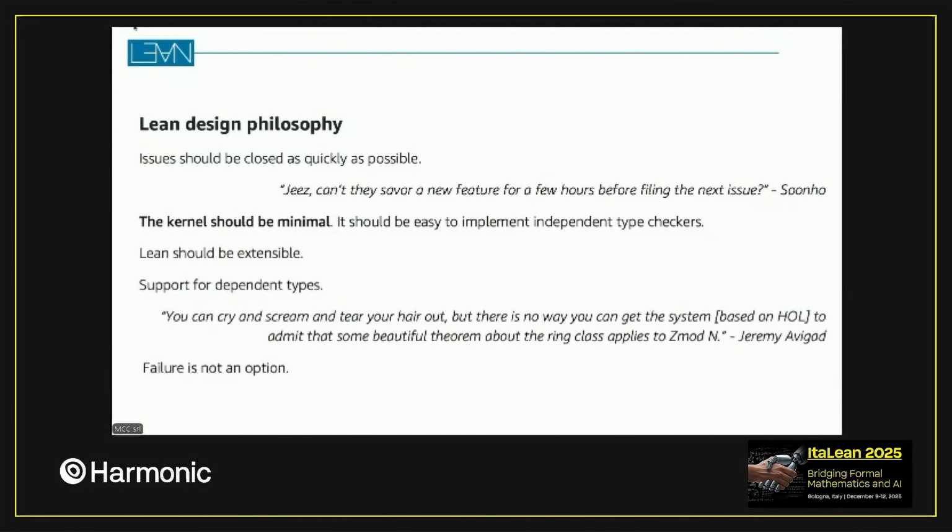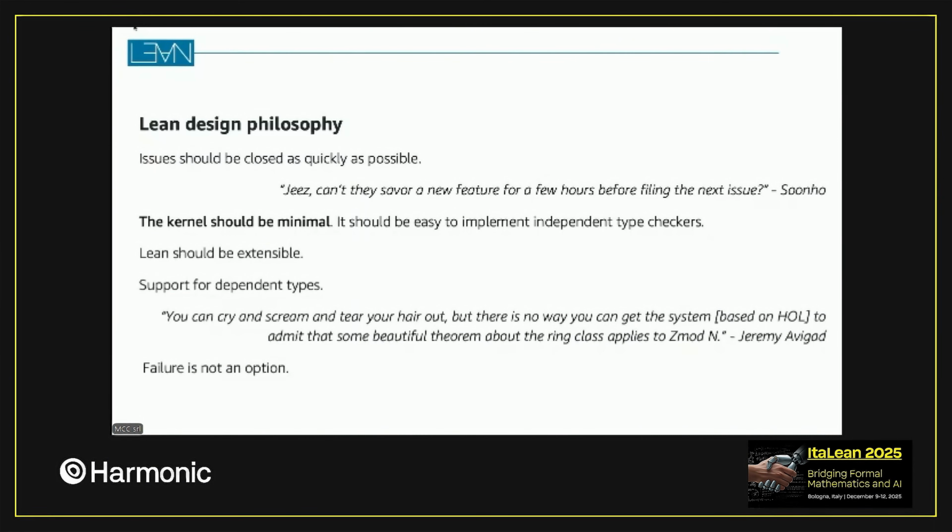And there's a message from Jeremy saying you can do abstract math with this kind of system. You can prove a beautiful theorem about rings, but you are not going to be able to apply it to a concrete structure. A ring is not a first-class citizen in this kind of system. So from the beginning, Lean was dependent type theory.